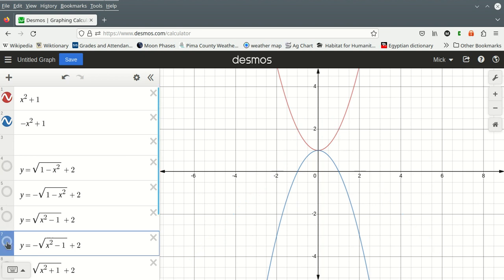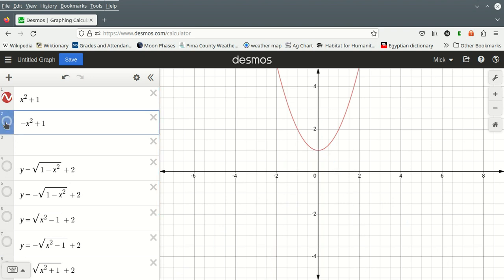Get rid of this. Get rid of this. It's real easy to see with the parabolas, because whenever you have a parabola, you just take the negative of it, take the opposite of it.